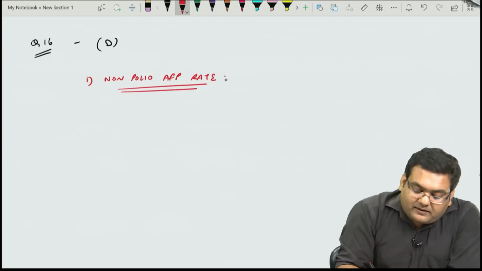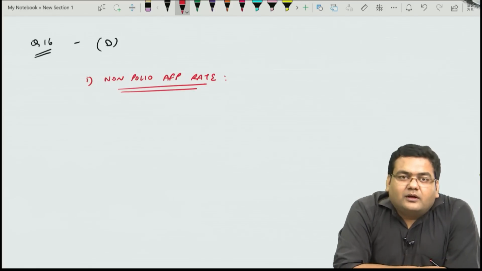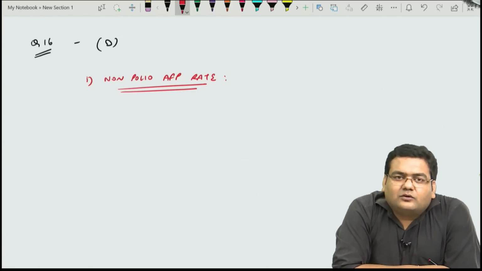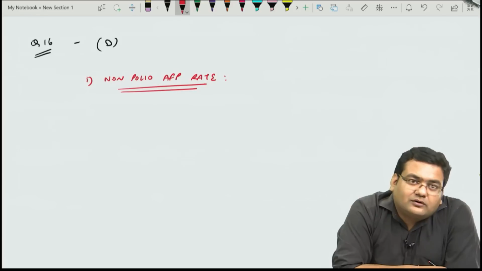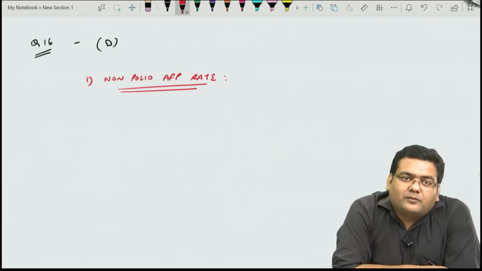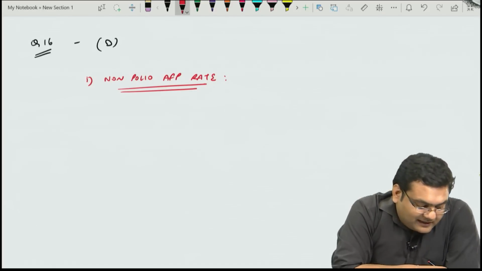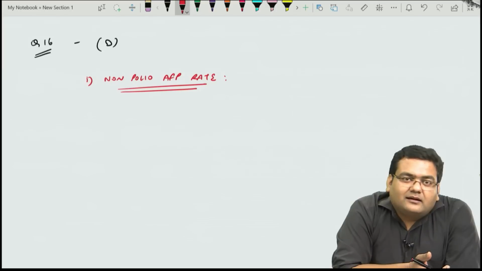non-polio AFP rate. We all know acute flaccid paralysis is not only caused by polio but by some other disorders also, like Guillain-Barré syndrome and myeloproliferative disorders. Hence, if the reporting of AFP cases is adequate, then the system or the program is functioning properly.